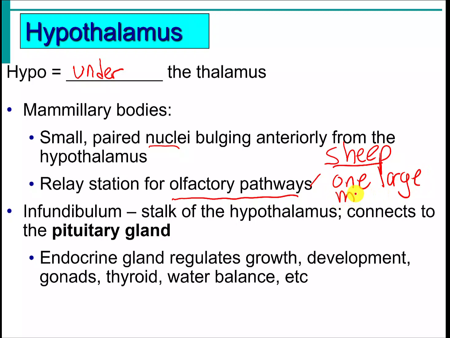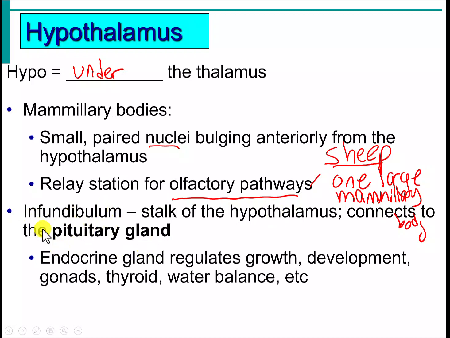And by large, I mean if you compared the size of the mammillary body to the size of the brain, it takes up a greater percentage. So remember, structure determines function. Why is the mammillary body so much larger in a sheep than in a human? So think about that.